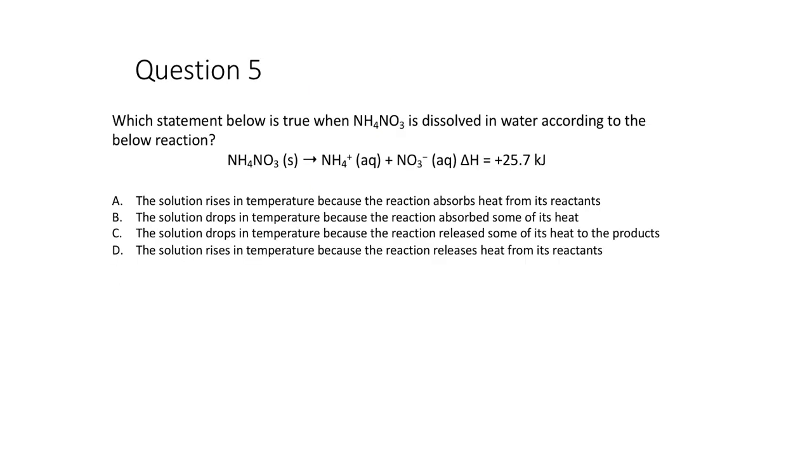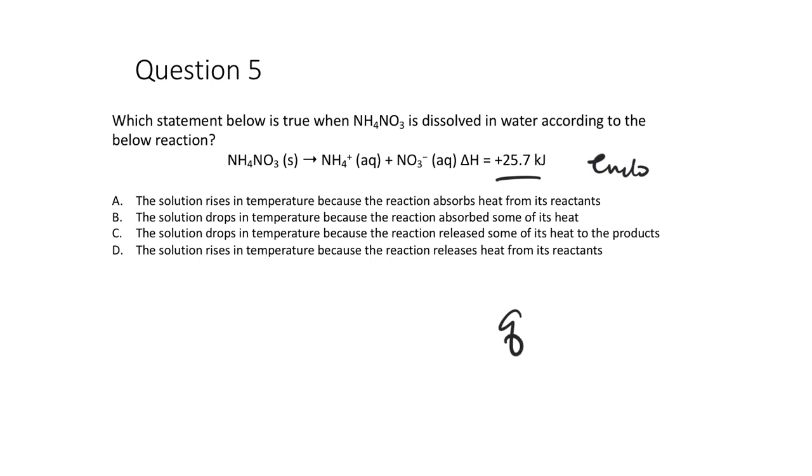Okay, so which statement is true for ammonium nitrate, which dissolves in water according to this equation here? So endothermic reaction, because delta H is greater than 0. And so when this reaction takes place, the reaction absorbs heat. And so the reaction absorbs the heat from the water, from the solution it's taking place in.